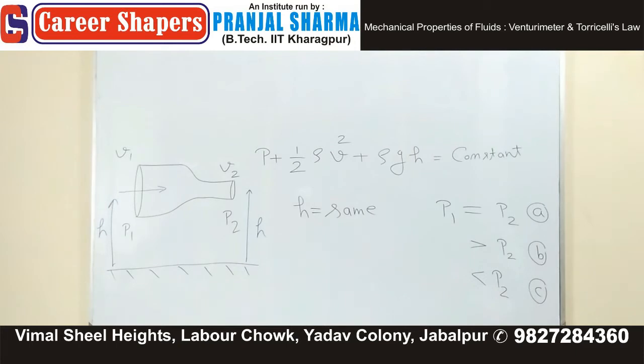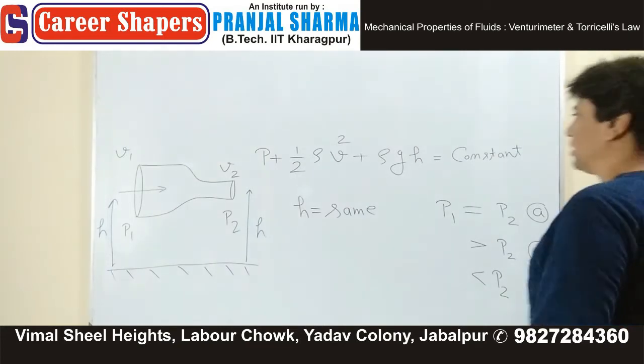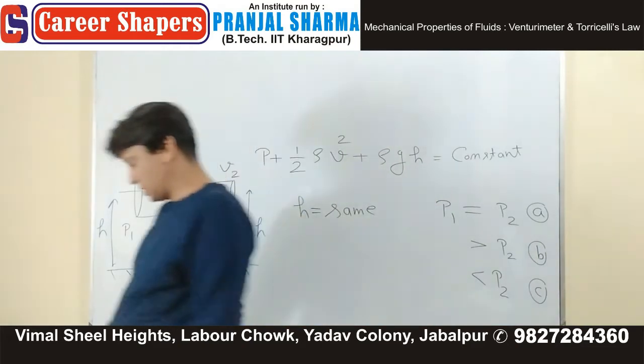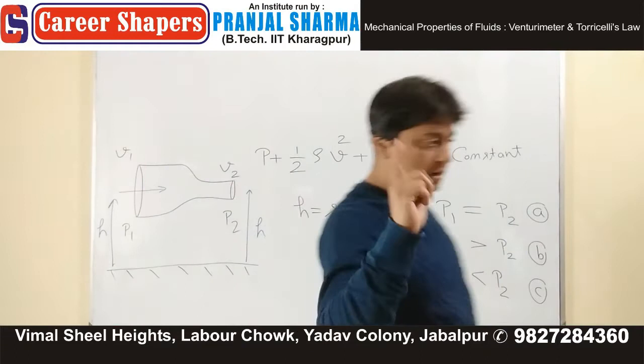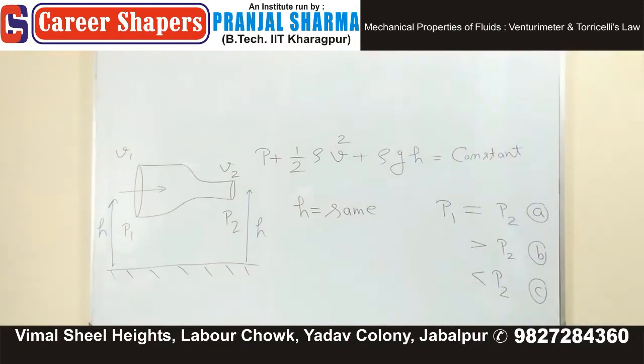The first hint is you have to use Bernoulli's equation. And the second hint is you have to use continuity theorem. Product of cross-sectional area and velocity is a constant.